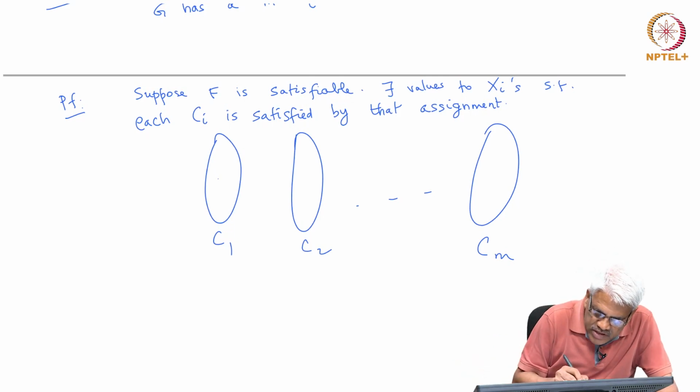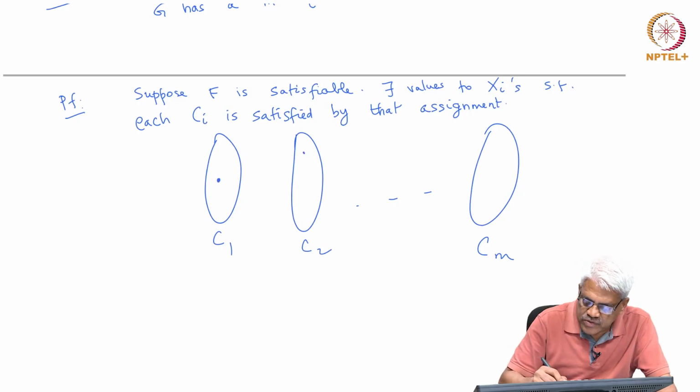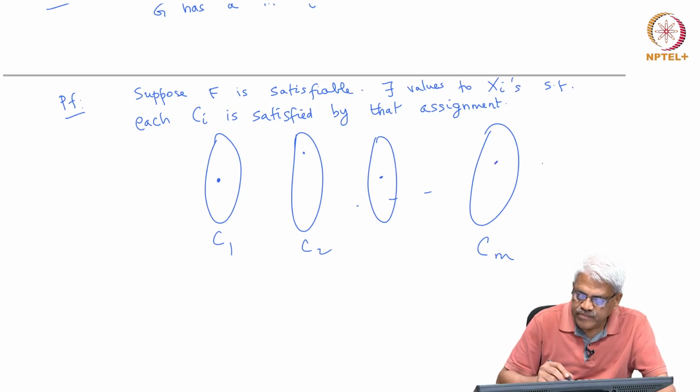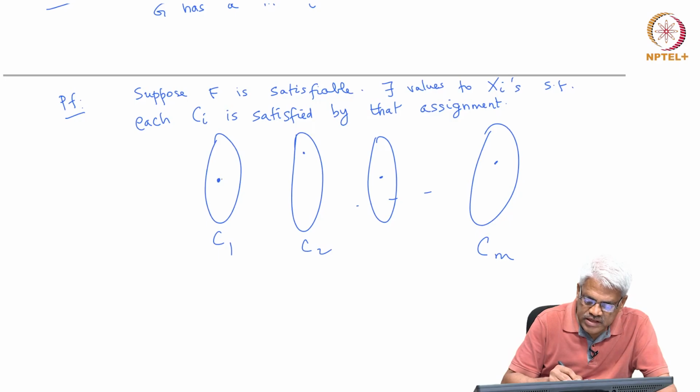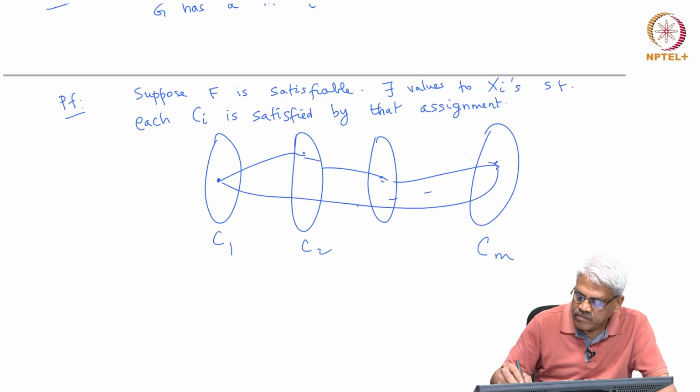Okay, so suppose C1 is satisfied by this literal, whatever that literal is in that assignment. C2 is maybe satisfied by this, C3 is satisfied by this, and Cm is satisfied by something here. Then I claim this set of vertices form a clique.